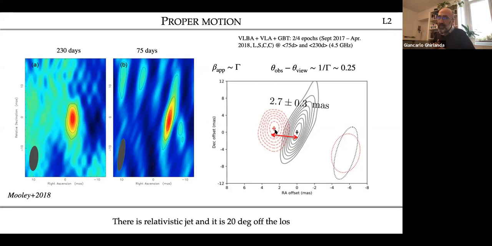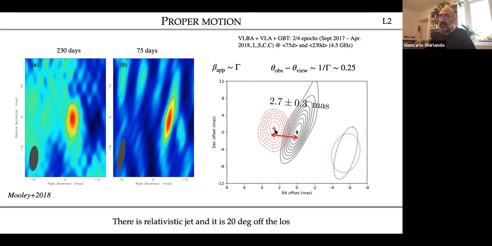It is superluminal because it's an apparent effect due to the fact that the source is indeed moving with relativistic speed, but due to the misalignment of the source with respect to the line of sight, but not that much, we are not looking at the source perfectly at 90 degrees, what we measure is a beta which is approximately equal to gamma.